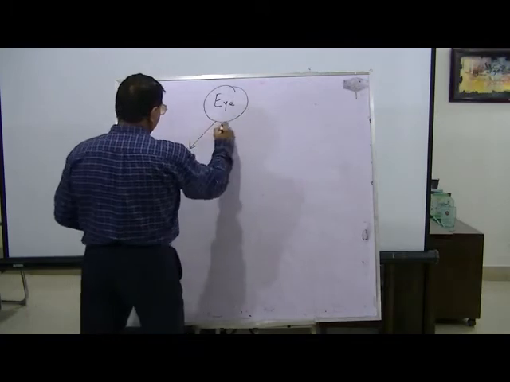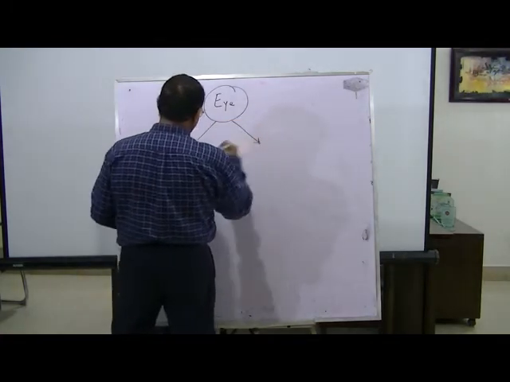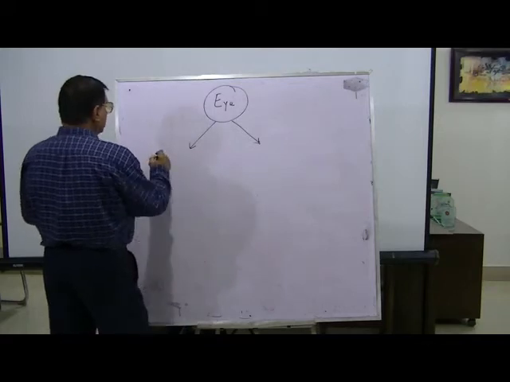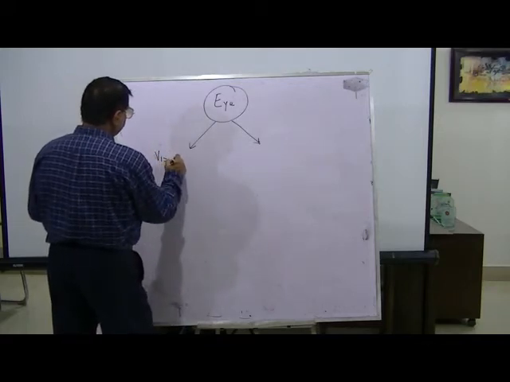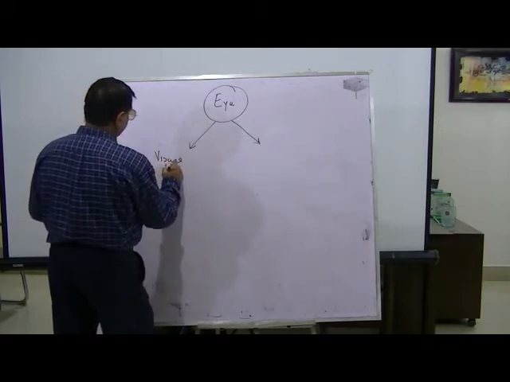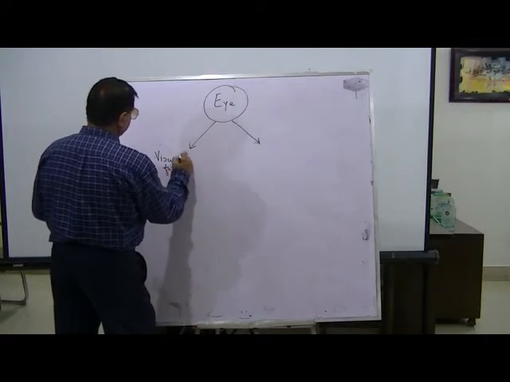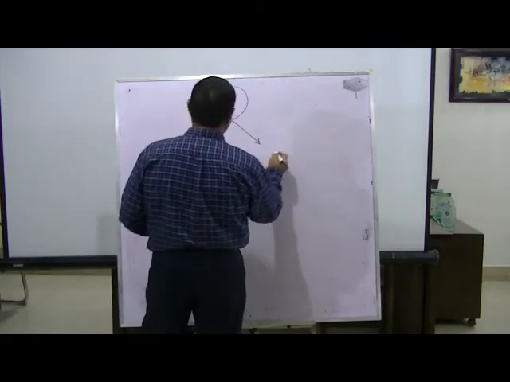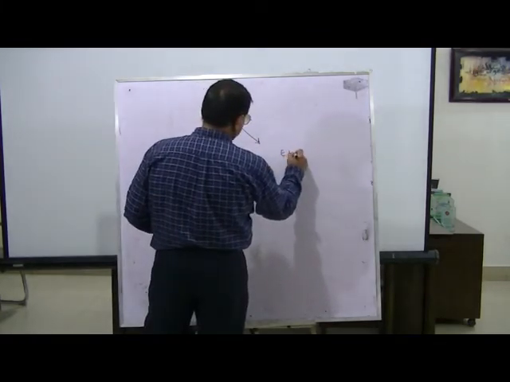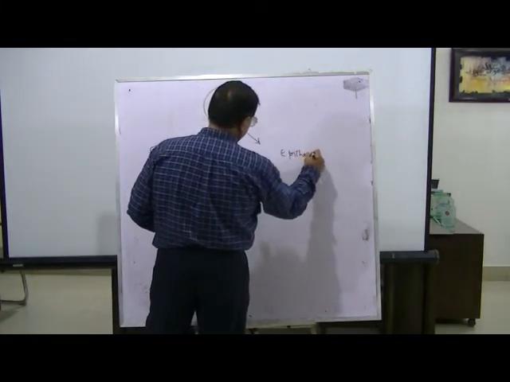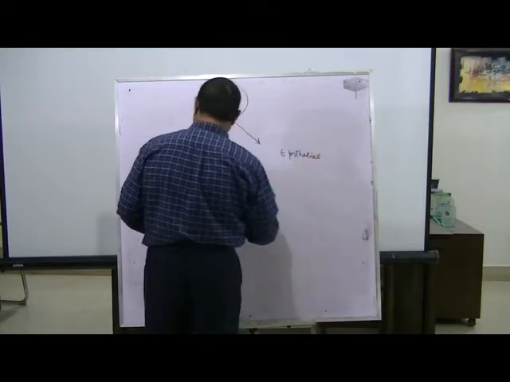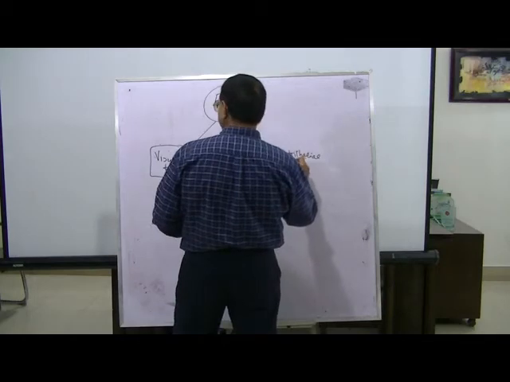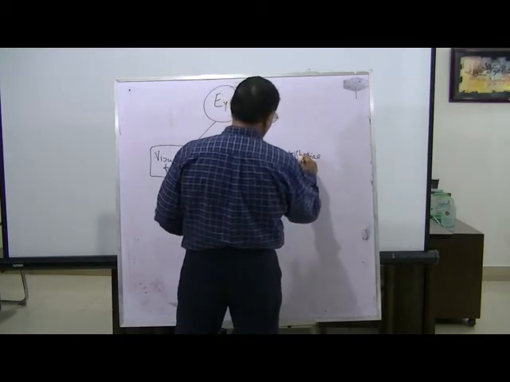An eye has two functions. One is visual function, the other one is epithelial function.